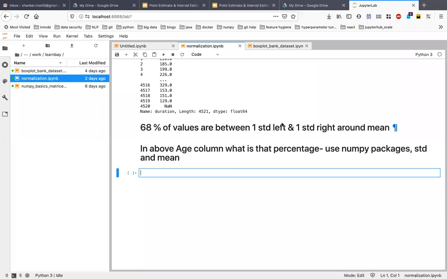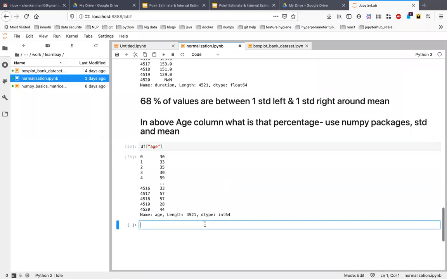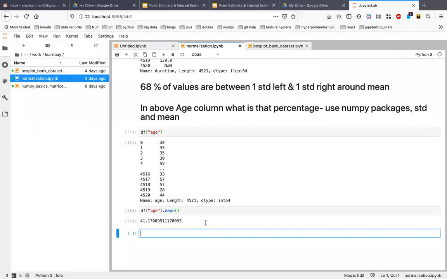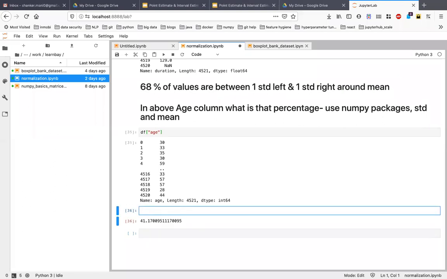Now my question is, I think if you do less than or equal to, that's where the problem is coming. How did you come up with 28, Dipendra? Okay, so my question is, what is the mean? Actually I asked you to use NumPy.